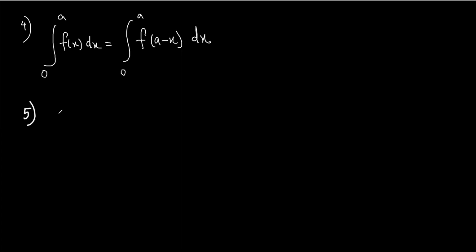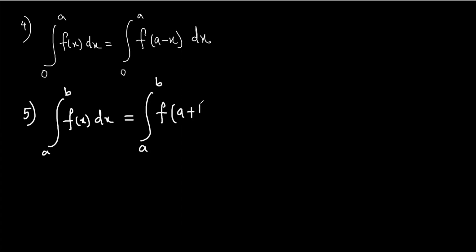Property number 5 is, the integral from a to b of f of x dx can be written as the integral from a to b of f of a plus b minus x dx. What does that mean? It has almost the same concept as property number 4.